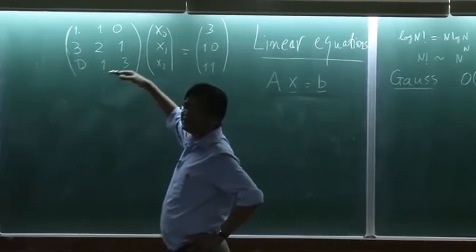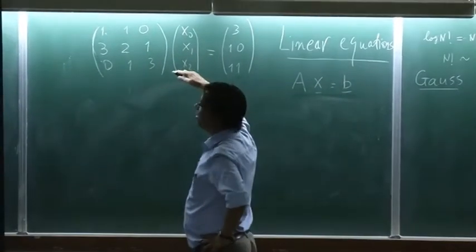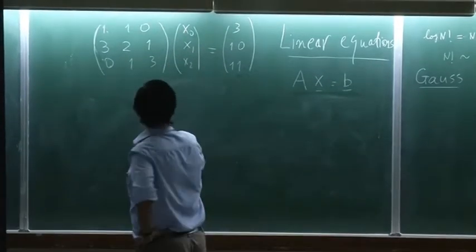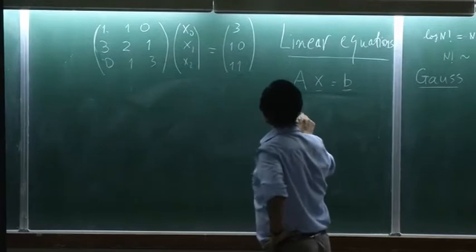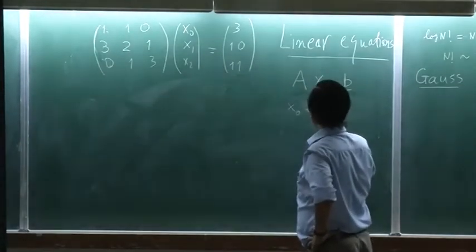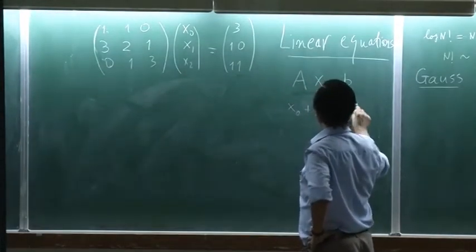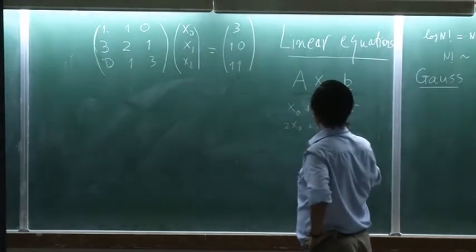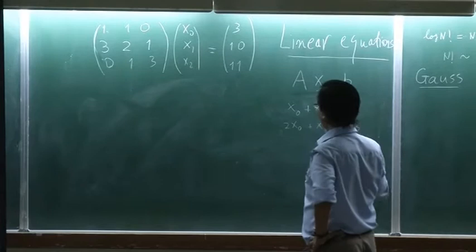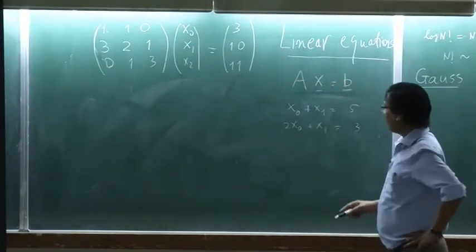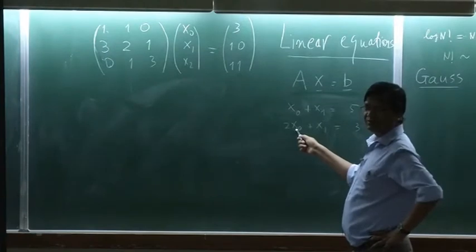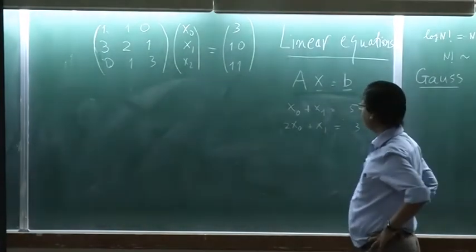Convert this to an upper diagonal matrix. Suppose I have the equations x0 plus x1 equals 5, and 2x0 plus x1 equals 3. It's always possible to eliminate this. How do I eliminate this?